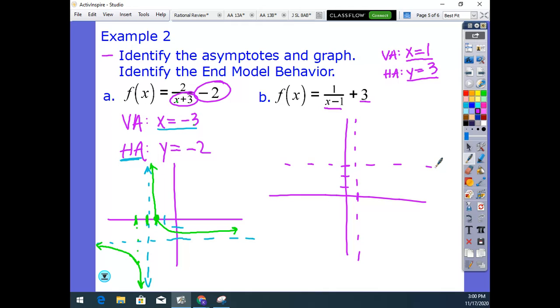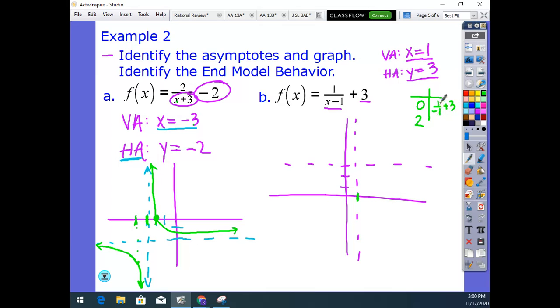Now, I'm going to make a table. If this is where x is 1, I'm going to pick a number before 1 and a number after. We're just going to plug points in to find out where the graph is at. If I plug in 0, I get 1 over -1 plus 3.